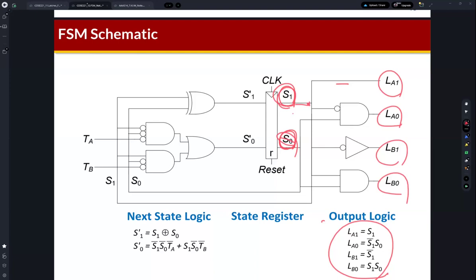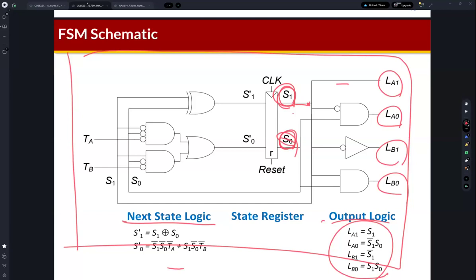Then the states and output values need to be encoded using digital values, and then all signals are digital signals. So we can build the combinational logic for the next state logic and output logic. Okay? And that's it. This is the completed FSM design.